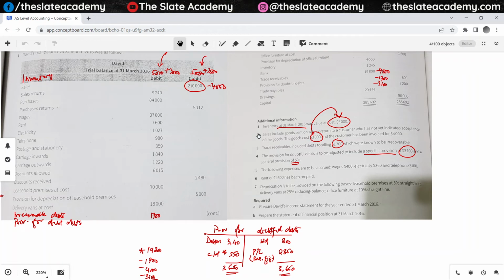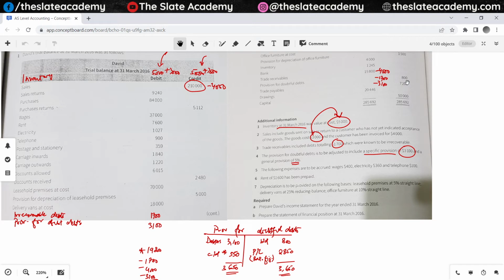I reduced by 3,100, so here I will first write 3,100, and the other double entry would be to manage this balance. This carried down balance should be 550, right?